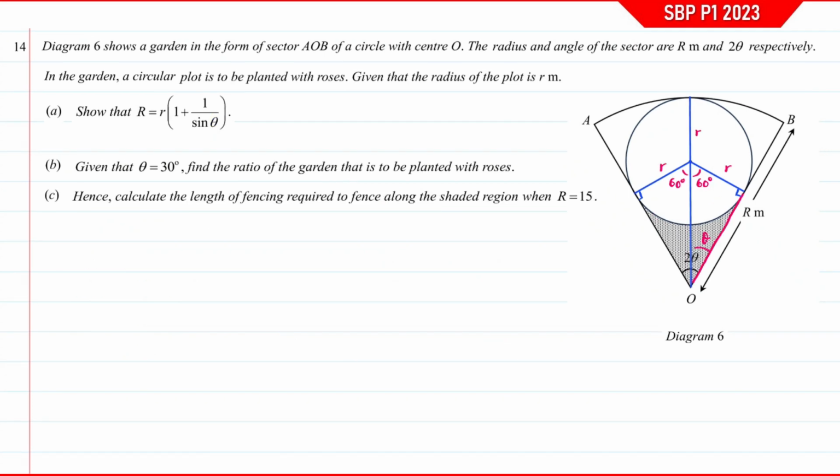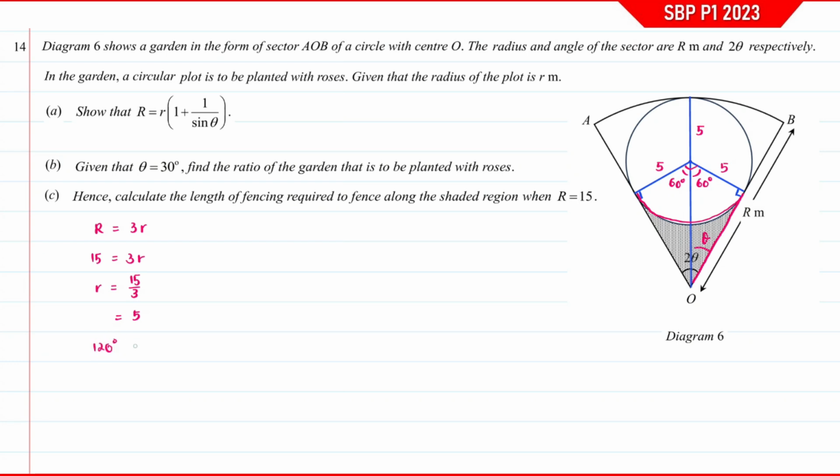Question C. Hence, calculate the length of fencing required to fence along the shaded region when R is equal to 15. In question B, we already found that the capital R is equal to 3 times small letter r. So when the capital R is equal to 15, then the radius of the circle will be r equal to 15 over 3, which is equal to 5. So to find the arc length here, the total angle here will be 120 degrees.